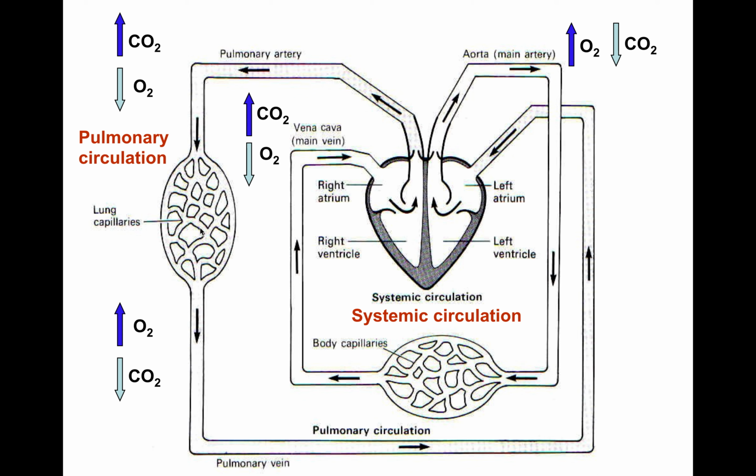So then once the blood has been oxygenated at the lungs, it travels back to the heart via the pulmonary vein, arrives at the left atrium, through to the left ventricle, and then out through the aorta to the systems of the body. So that's the whole body. All cells will need some oxygen in order to undergo cellular respiration and produce energy.